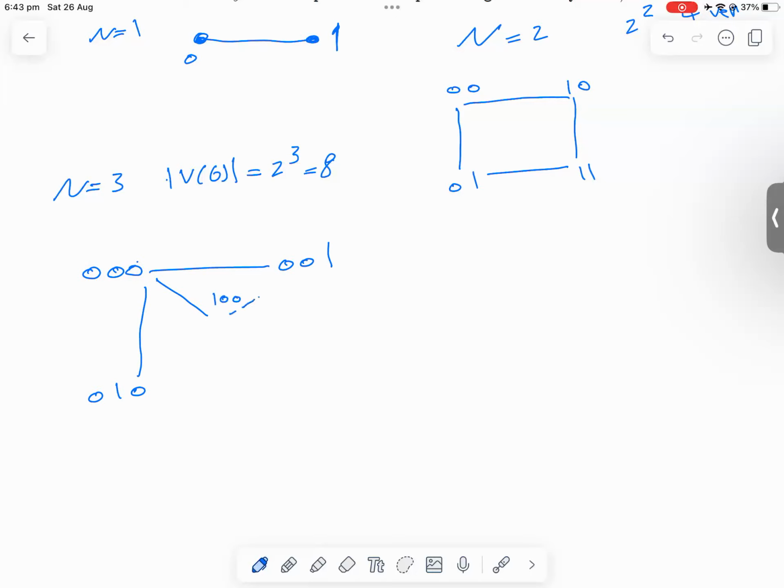There won't be any edge between those two. Then 0, 1, 1, and there is an edge from this one as well.